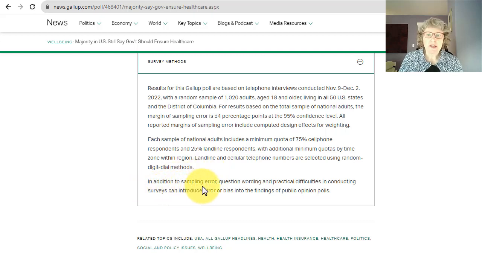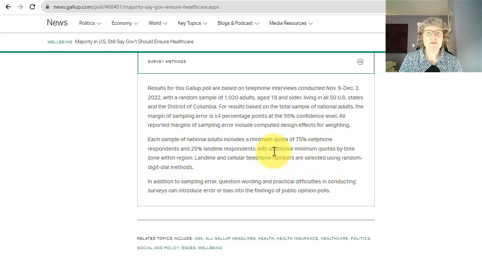In addition to sampling error, question wording and practical difficulties in conducting surveys can introduce error or bias into the findings of public opinion polls. Okay, we have studied that, right? We've studied the different types of error or bias. Question wording could be one of them. It would be response bias. Anything that affects someone's response would be response bias.